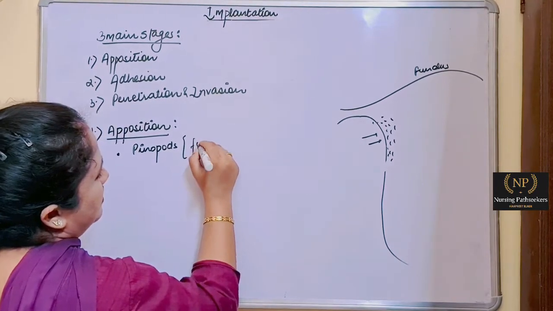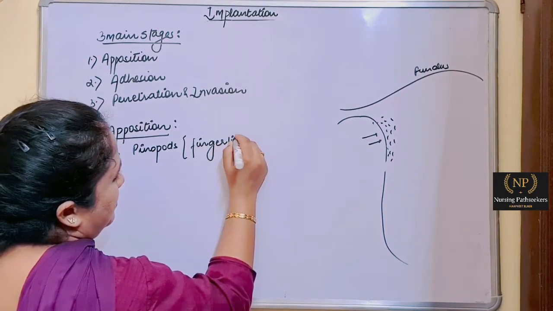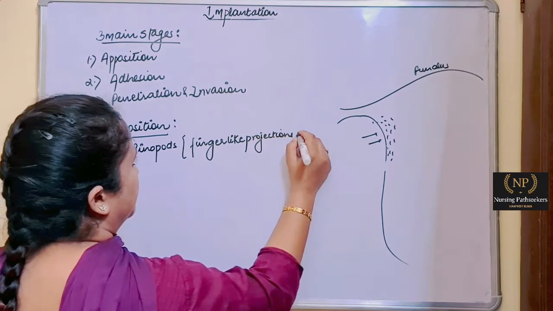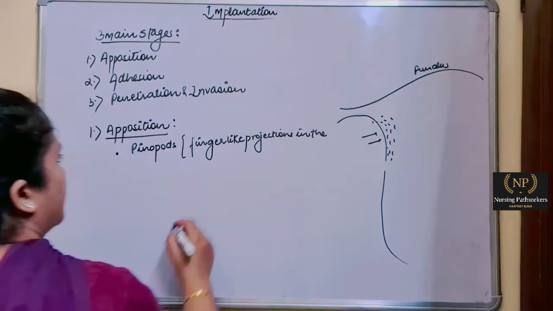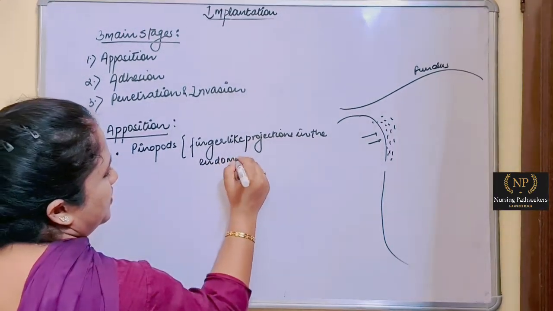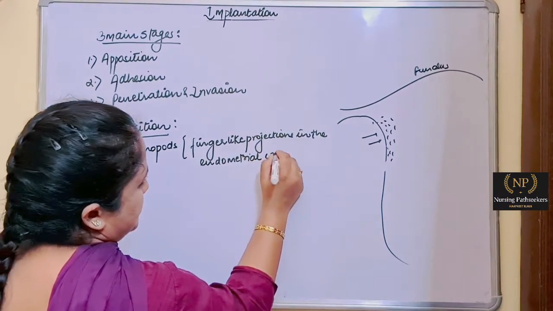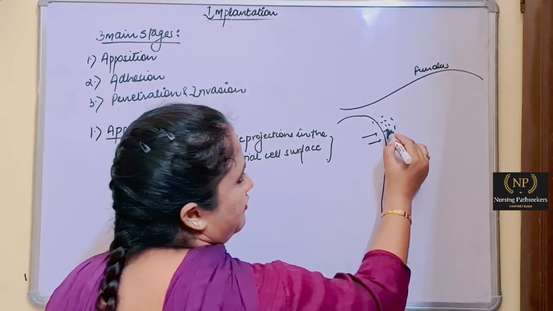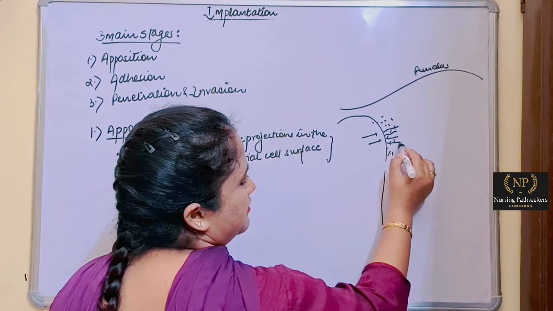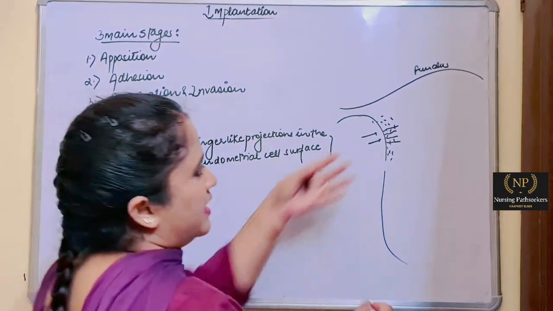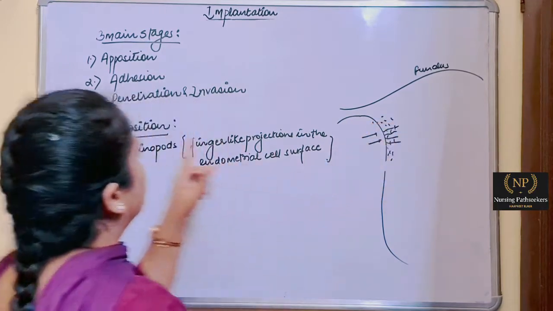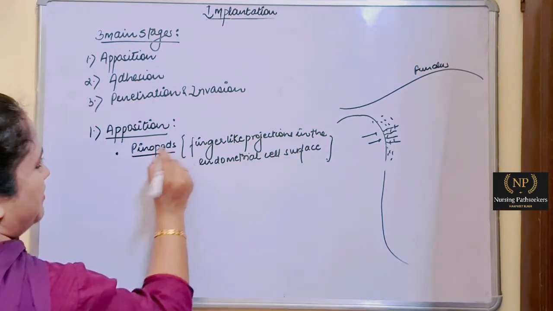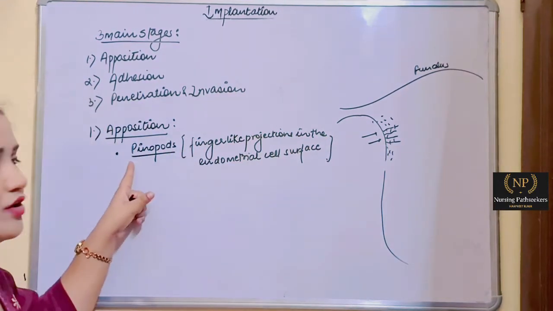These are finger-like projections on the endometrial cell surface. These help to bring the blastocyst into position. So apposition occurs with the help of pinopods.